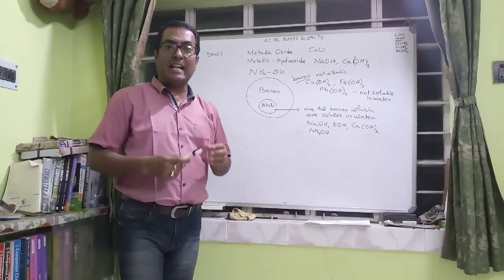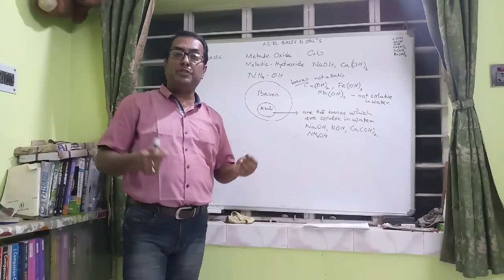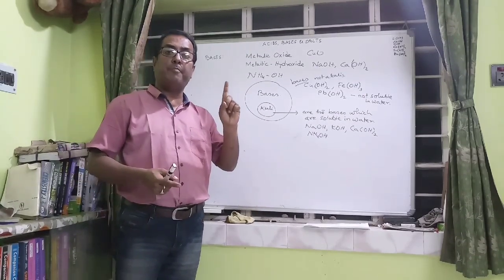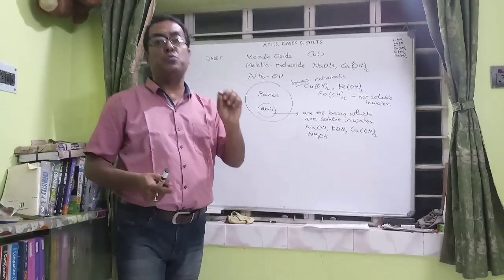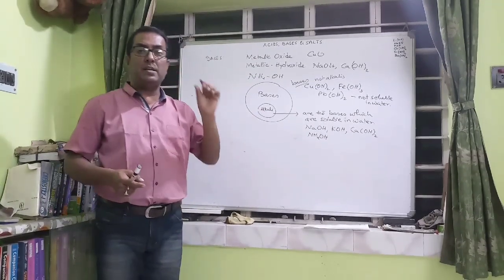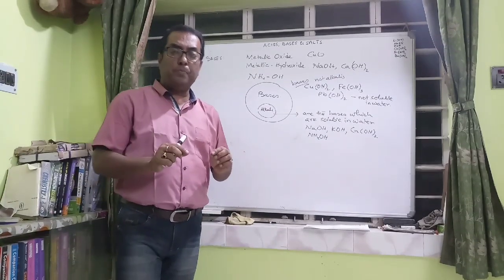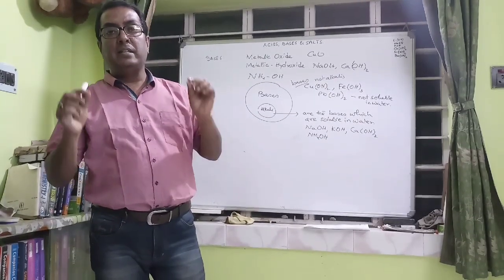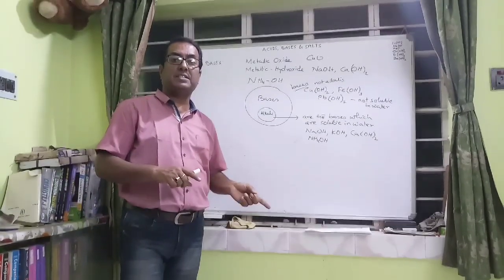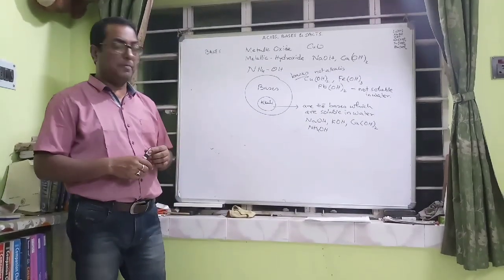It denotes the number of hydroxyl ions produced by one molecule of base when it is added to water. So when one molecule of base or alkali is added to water, it is going to produce hydroxyl ions. The number of hydroxyl ions that can be formed by one molecule of base on its hydration is called the acidity of the base.